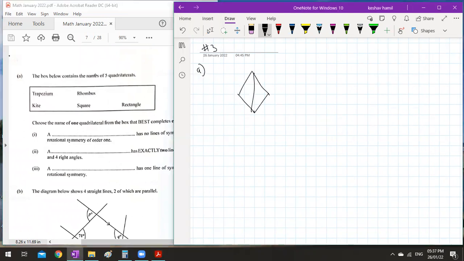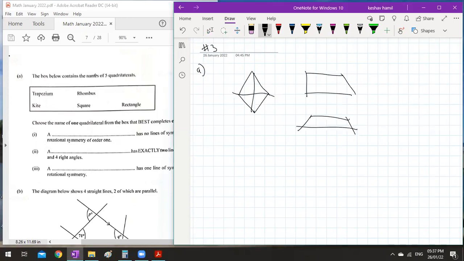So that has symmetry along at least one axis. A trapezium, depending on how it's drawn, could look like this, could look like this.